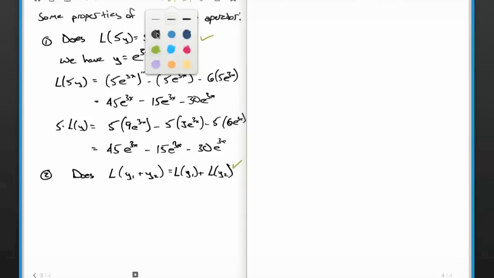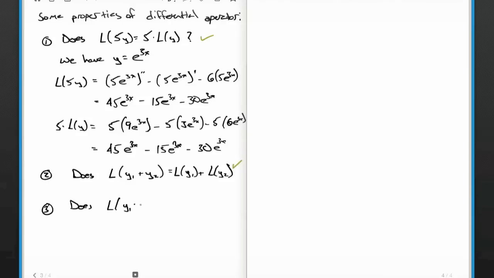And finally, the third one I want to mention is, does L of y1 times y2 equal L of y1 times L of y2?